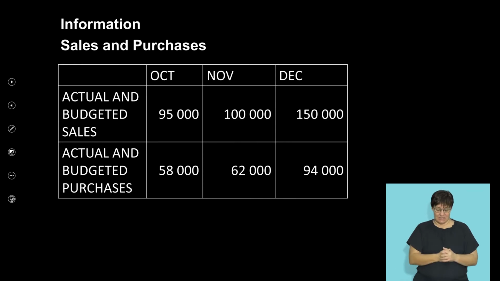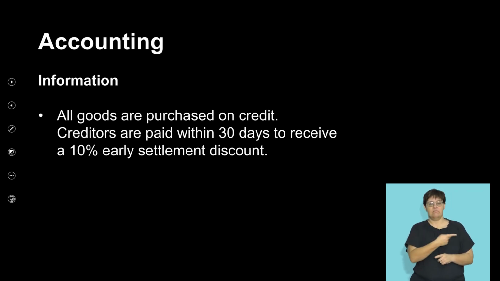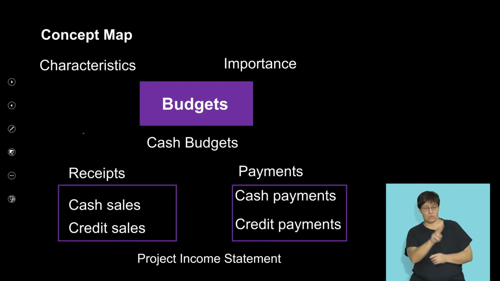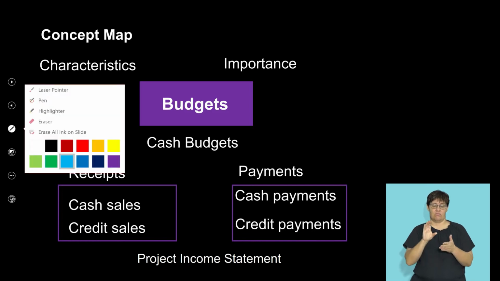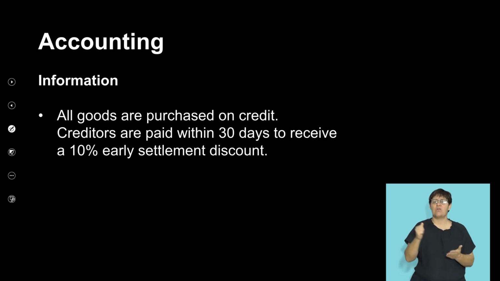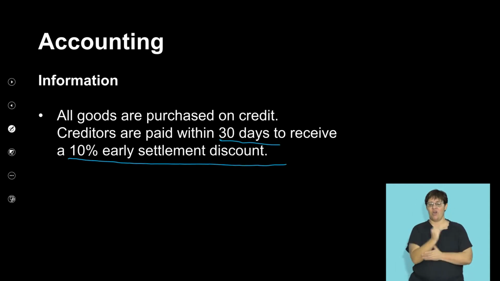Okay, so this one here says, all goods are purchased on credit. That means if you're looking at your goods, all your goods are purchased on credit. Okay, and what else do we know? How are we paying our creditors? Let's see. Creditors are paid within 30 days to receive a 10% early settlement discount.